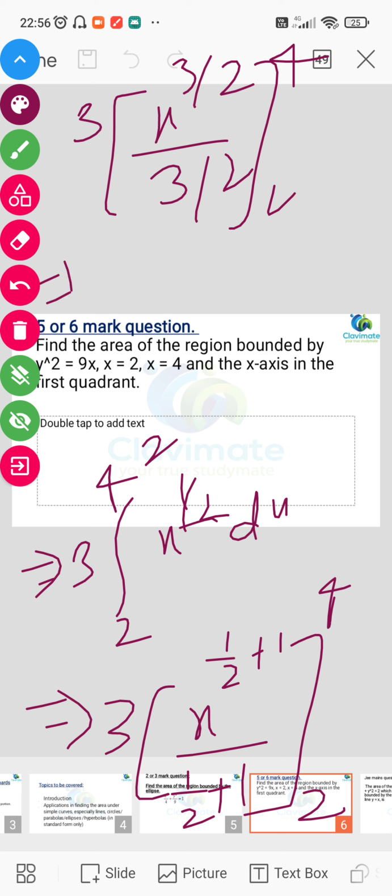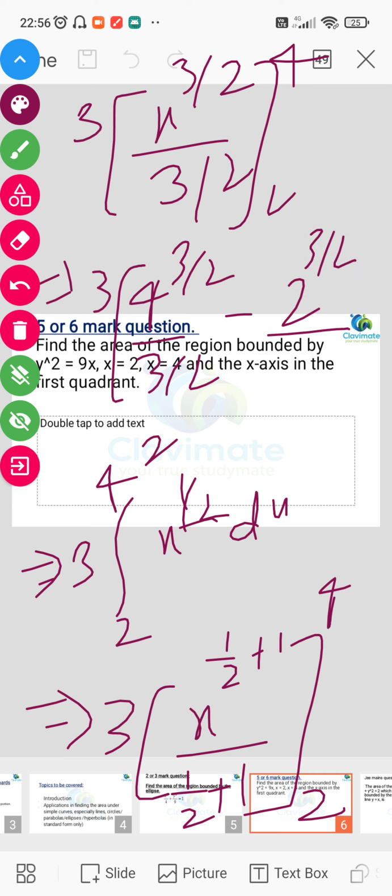So what is our upper limit? Upper limit is 4. So it will be 4 power 3 by 2 upon 3 by 2 minus 2 power 3 by 2 upon 3 by 2, right? So can I take this 3 by 2 outside?